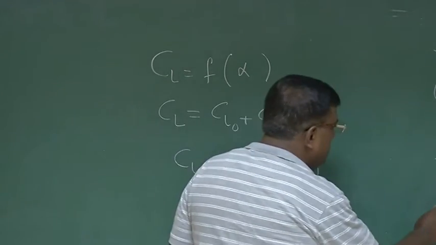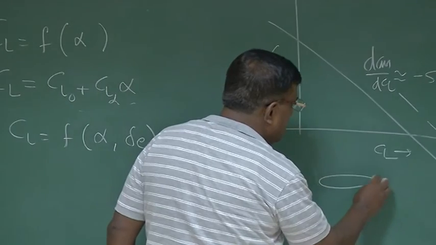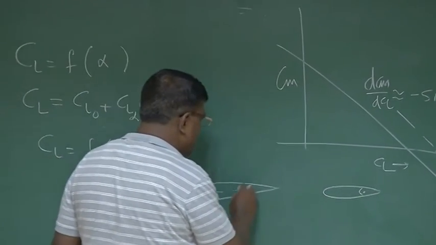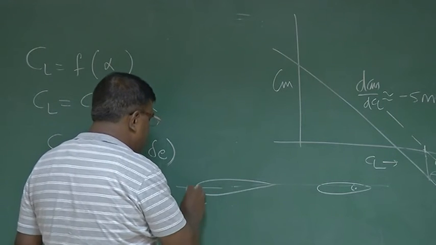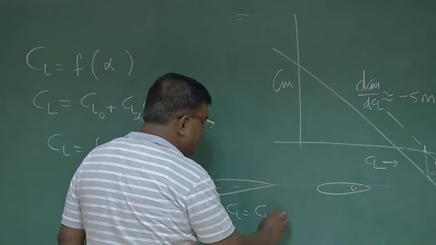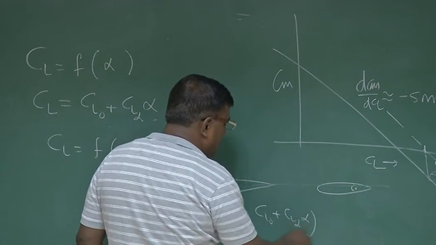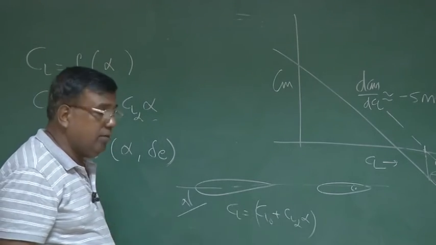Suppose this is the wing, this is the tail, right? And total CL, suppose this is alpha, then CL is CL naught plus CL alpha into alpha for the whole aircraft. CL alpha is for the whole aircraft.